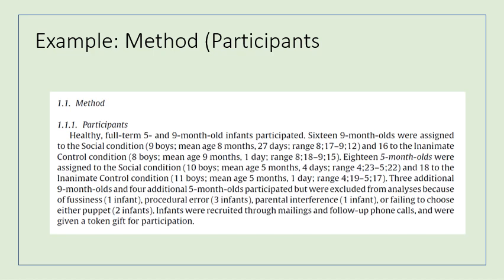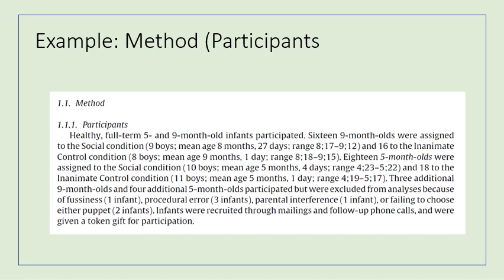So here's the method. This is copied right out of the paper, and their participants are healthy, full-term, 5- and 9-month-old infants. 16 9-month-olds were assigned to the social condition, and then they tell us 9 boys, mean age of 8 months, 27 days, and the range of those.